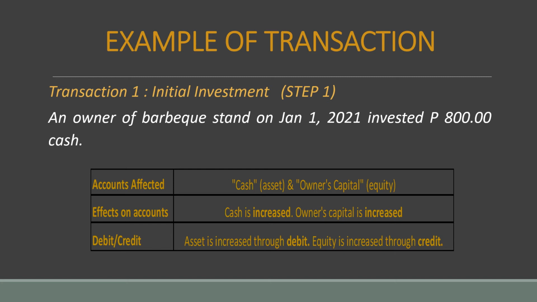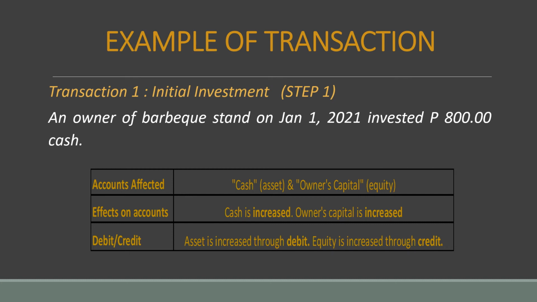Pag nag-credit tayo ng cash, ibig sabihin, yung cash ay nag-decrease. So, owner's capital, take note na kapag nag-credit tayo ng owner's capital, ibig sabihin, nagkakaroon ng increase sa account na owner's capital. Pag nag-debit tayo ng owner's capital, ibig sabihin, nagkaroon ng decrease sa owner's capital account.